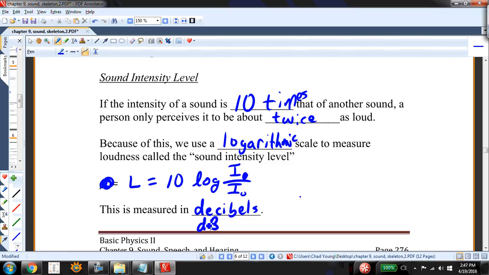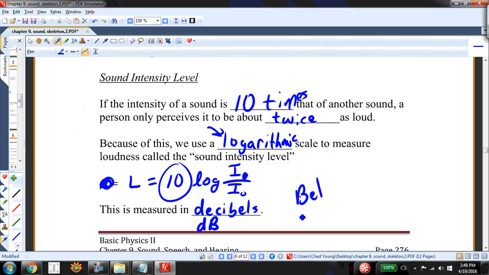You might wonder why we have this factor of 10 here, and I'll explain why. It seems thrown in, because it doesn't make it a true logarithmic scale. This factor of 10 comes in because the unit for sound intensity level is really the bel, and so we're instead measuring in decibels.